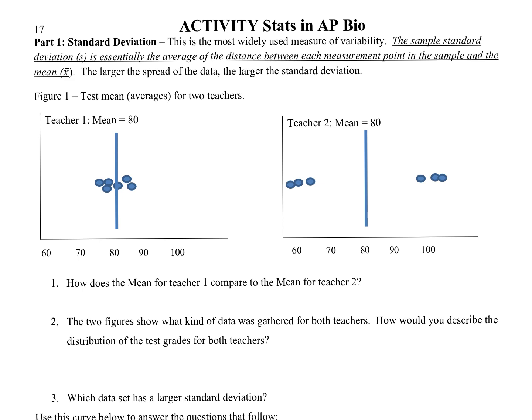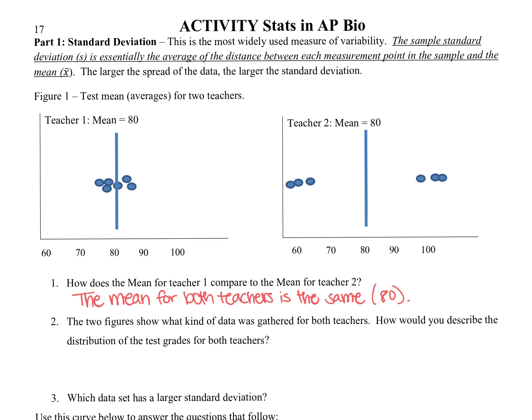The first question asks, how does the mean for teacher 1 compare to the mean of teacher 2? Now, this line right here represents the mean of the test grades, but it's also written here that the mean for both teachers is exactly an 80. So after the test grades for these two different teachers, same test, two different classes, you can see that the average for both of them is the same.